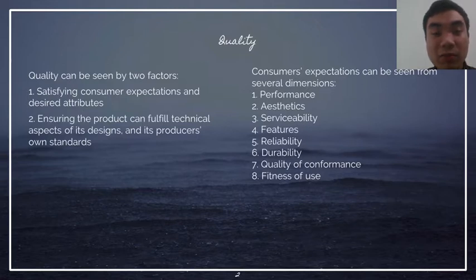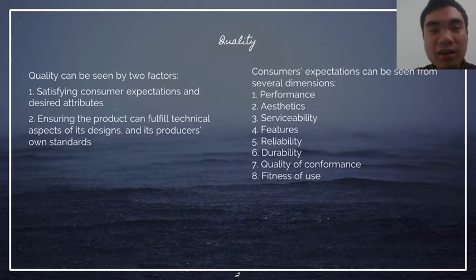The first is performance, that is, how well the product does its job. The second is aesthetics, how good or how stylish the product looks. The third is serviceability, that is, how easy it is to repair the product. The fourth is features, that is, what the product does and how it differentiates itself from other products. The fifth is reliability, that is, how long the product can survive when continuously worked upon.